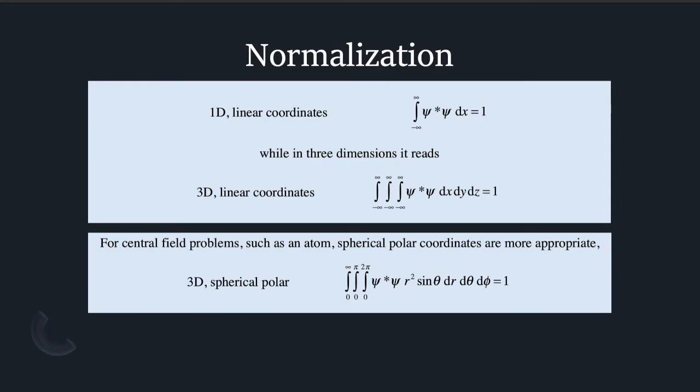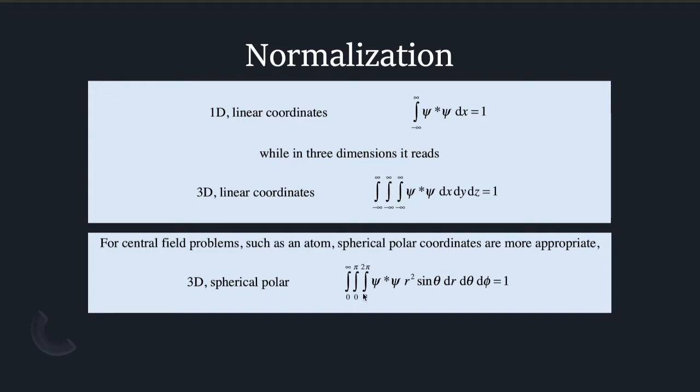Now, we don't always use linear coordinates, and in particular for central field problems such as atoms, spherical polar coordinates are much more appropriate and make it much easier to calculate the values that we need, the energies of the system, for instance. For that, we need a different Jacobian: r squared sine theta dr d theta d phi. R is the radial coordinate, theta is the polar angle, and phi is the azimuthal angle.